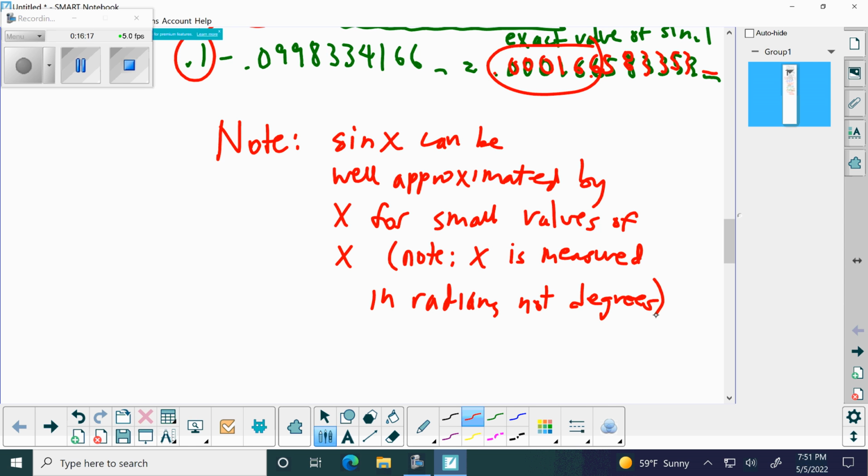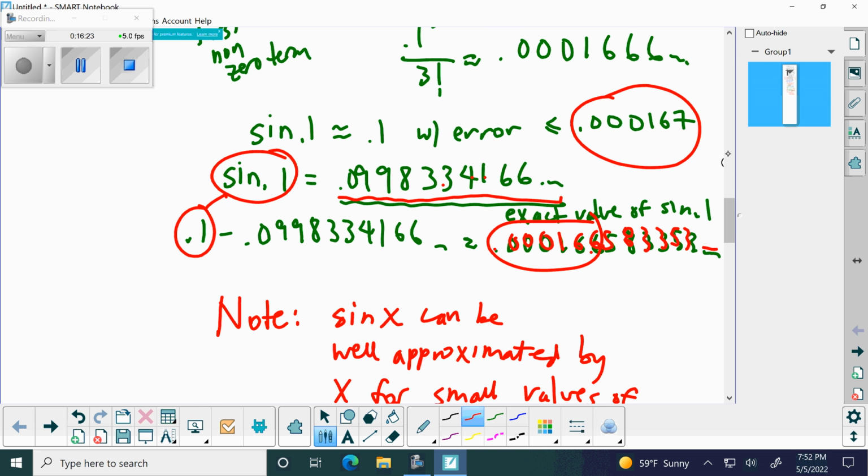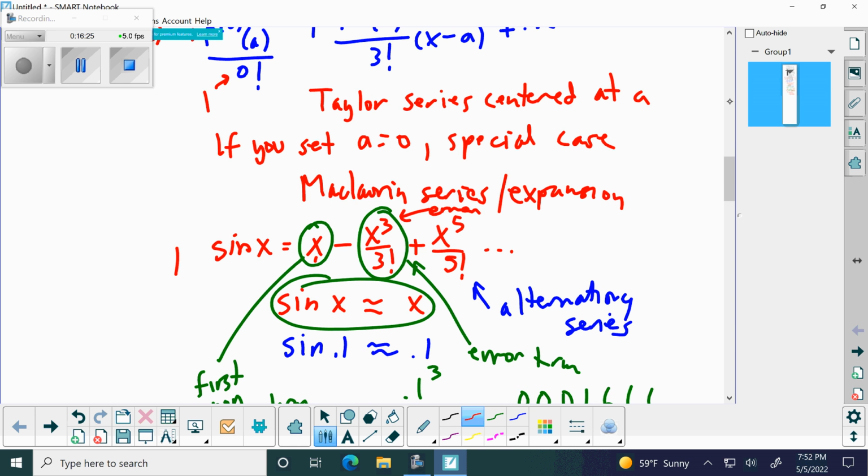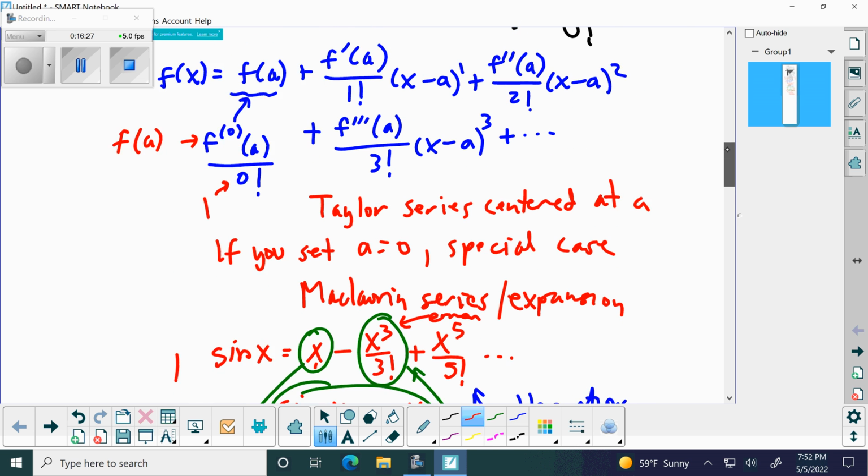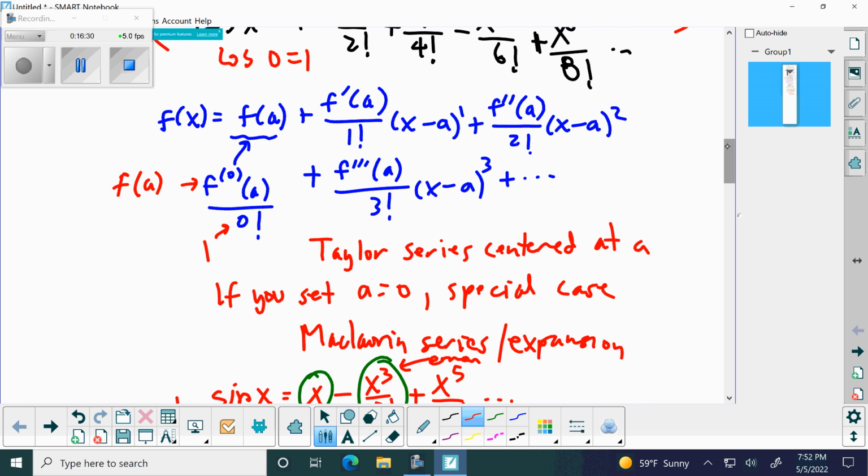So that finishes our second mini lesson. We remember some important things here. The general formula for a Taylor series expansion is given here.